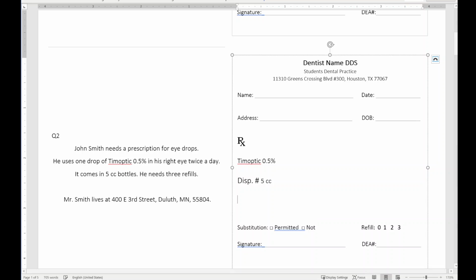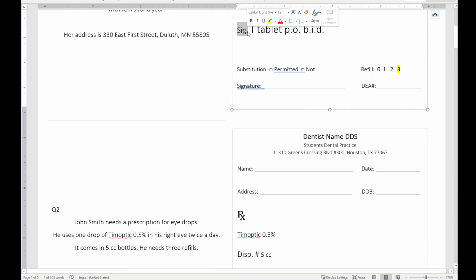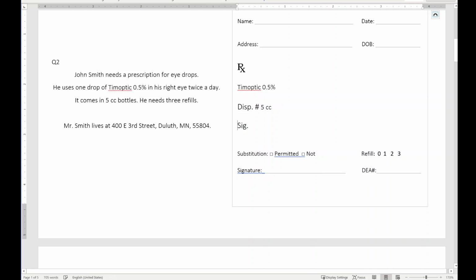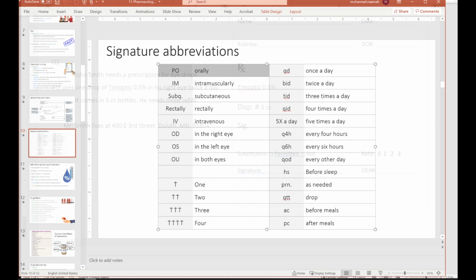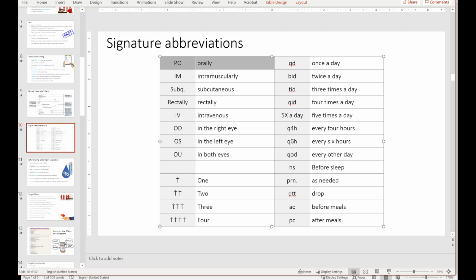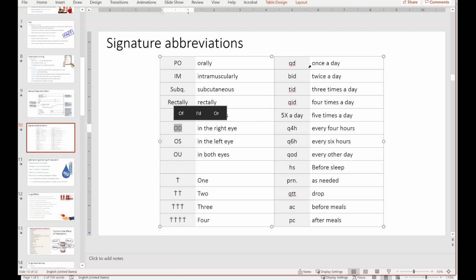Then we need to know the signature, which is how many times a day they're going to take it. And we're saying what? They use one drop twice a day in the right eye. So if we go back to here, that is what a drop is, one drop in his right eye twice a day.